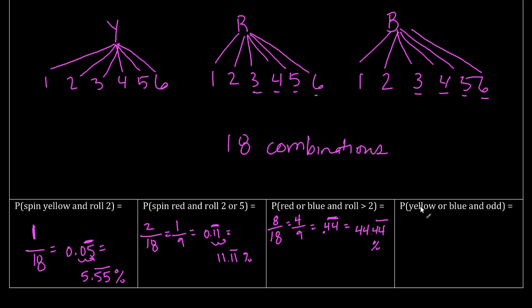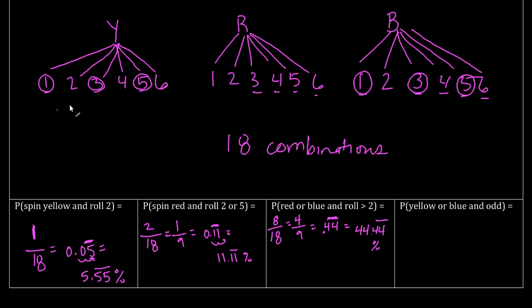Okay, all right. Next, it's a yellow or a blue and an odd number. So a yellow or a blue, no reds, and an odd number. Remember, odd are like 1, 3, 5, 7. Okay. So I'm going to circle it this time. Yellow 1, yellow 3, yellow 5, or blue 1, blue 3, blue 5.